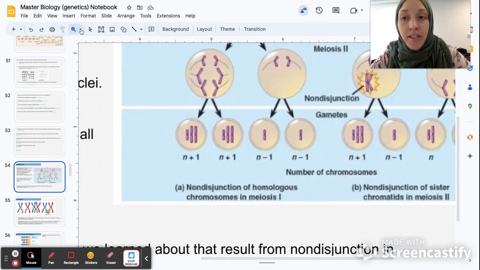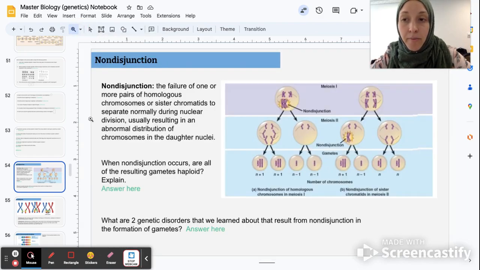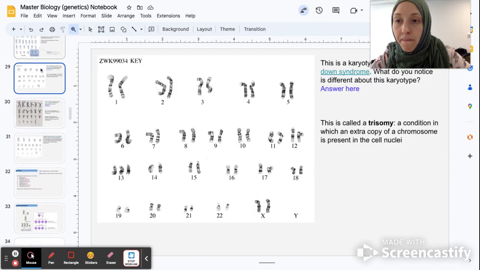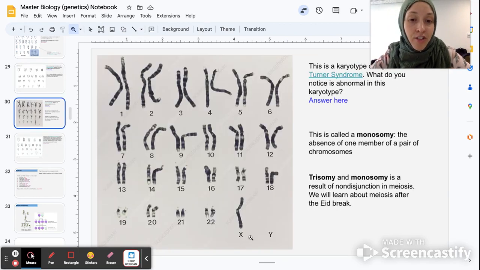And some disorders that we learned about that result from non-disjunction would be Down syndrome, where we have a trisomy. So one of the gametes contained an extra chromosome number 13. Okay. We have Turner syndrome.